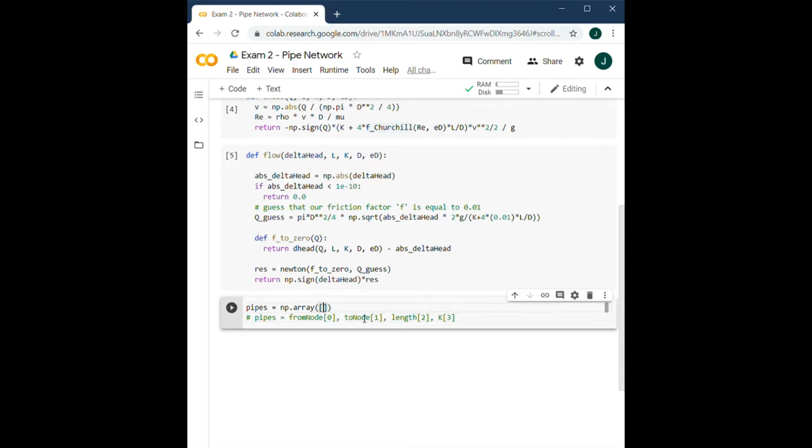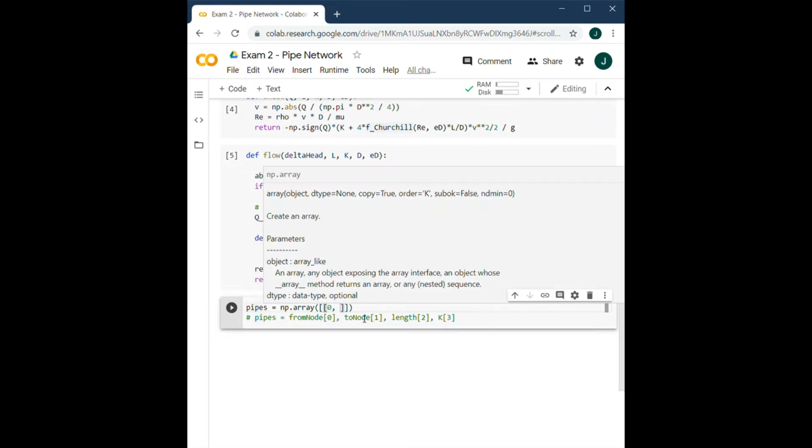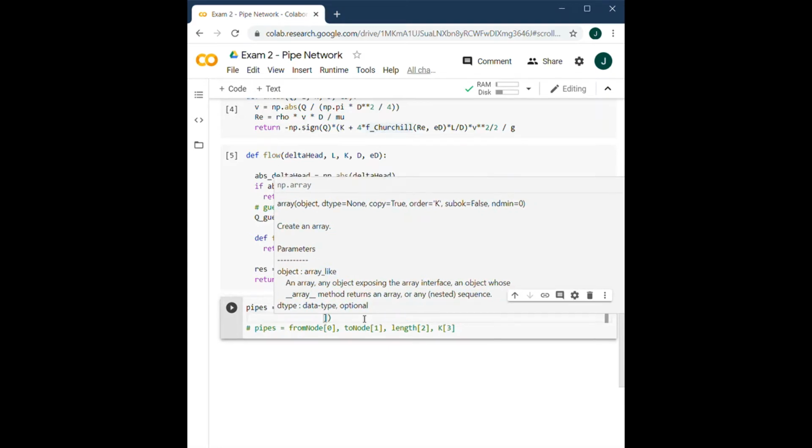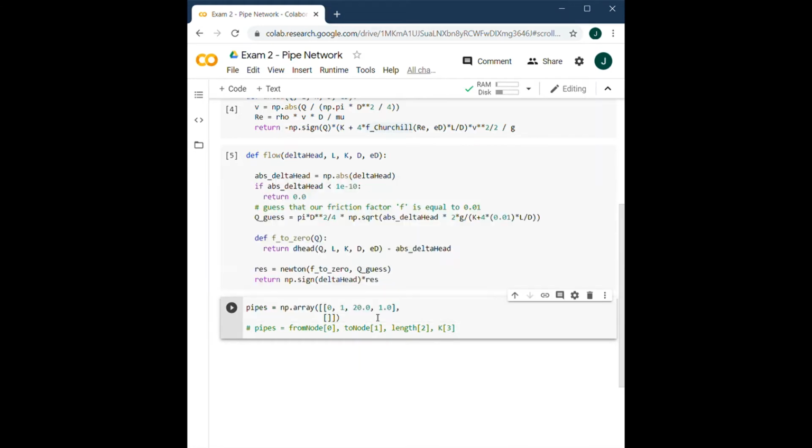So back up to this array. We are going to go to the first pipe. The first pipe starts at node 0, goes to node 1, has a length of 20 meters, and a k value of 1. Then we're going to do the same for the next 4 pipes.